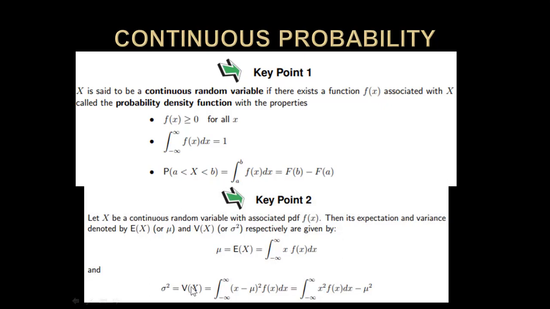Solving now for variance, V of x or sigma squared, is equal to the following formula: x minus the mean population quantity squared multiplied with the given function f of x, and then you're going to derive it as dx.